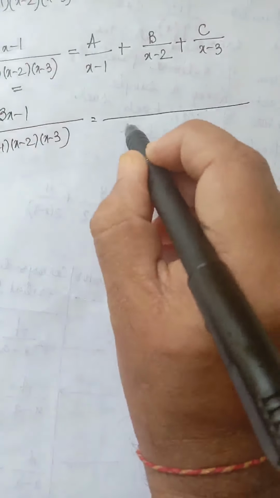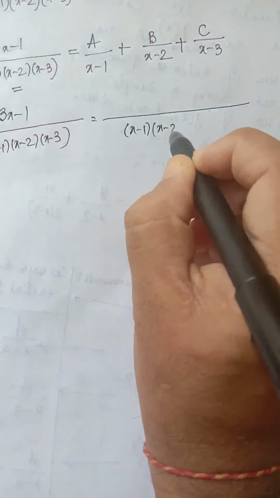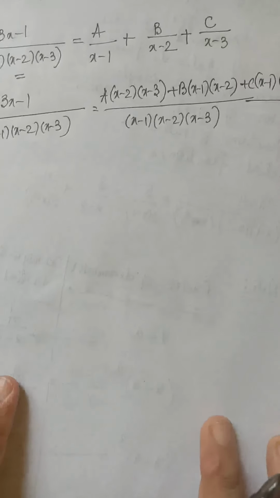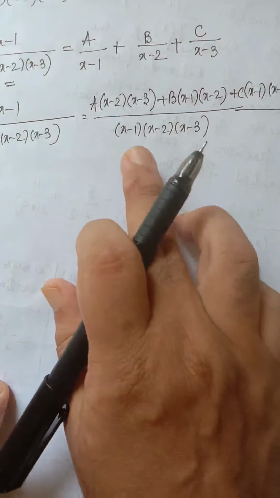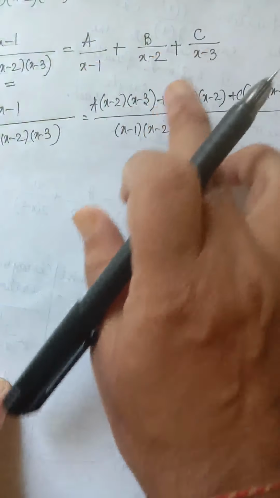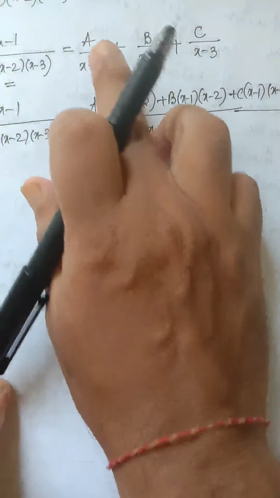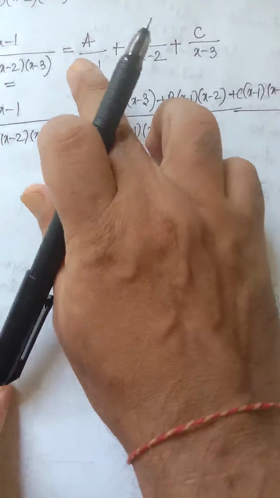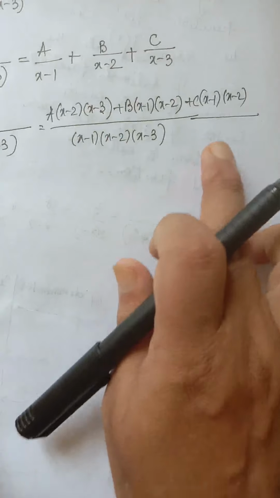It will be x minus 1 into x minus 2 into x minus 3. So taking LCM, our right hand side will be A into x minus 2, x minus 3, plus B into x minus 1 into x minus 3, and C into x minus 1, x minus 2.